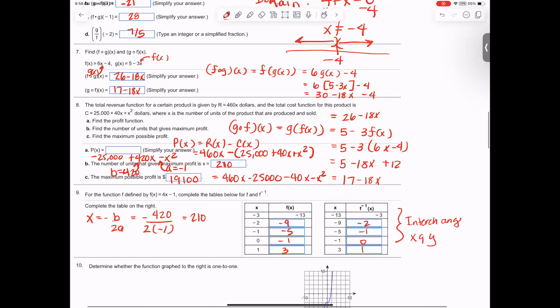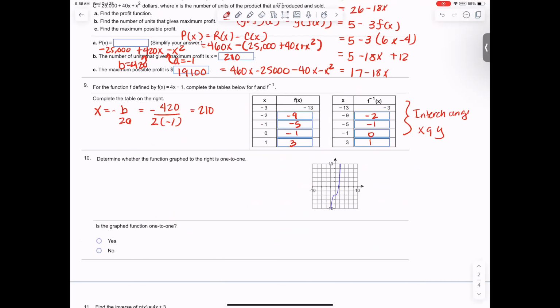Okie dokie. Find whether the function graph to the right is 1-to-1. How do you determine if a function is 1-to-1? Does that pass the horizontal line test?